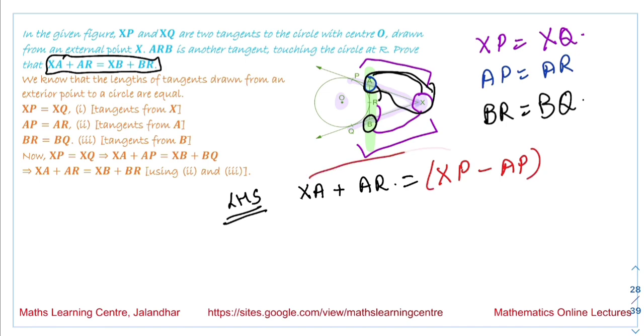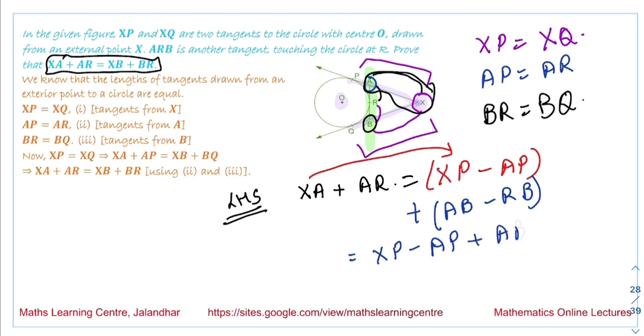And the length AR is equal to AB minus RB. So this is equal to XP minus AP plus AB minus RB.